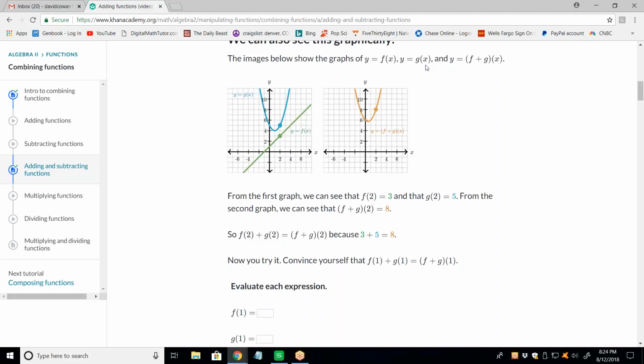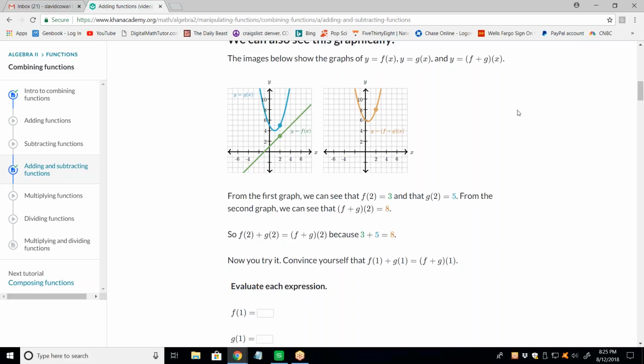And they also show us y equals g of x, and they show us the graph of it, and that is the blue parabola. And then y equals f plus g of x is the graph on the right, which is the orange. In other words, if you add these two functions together, you will get the orange function.